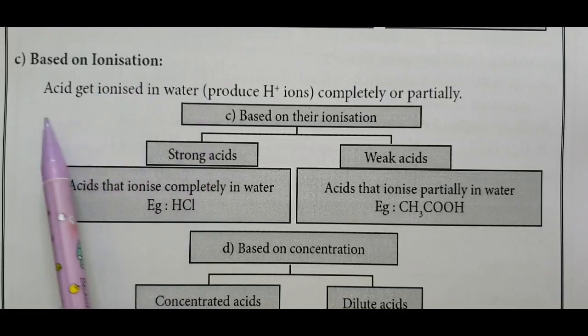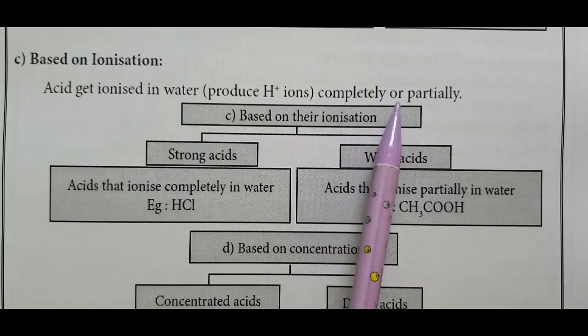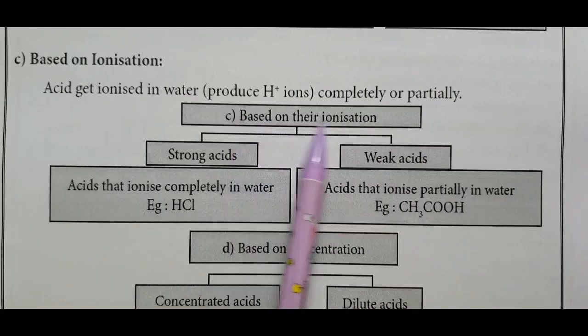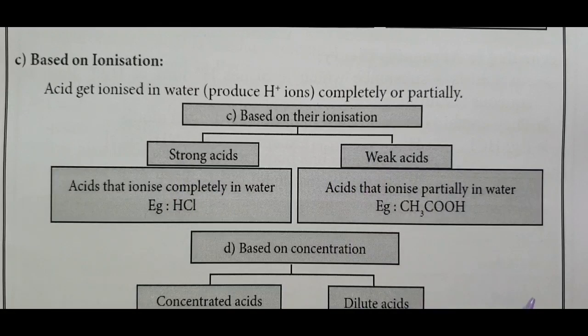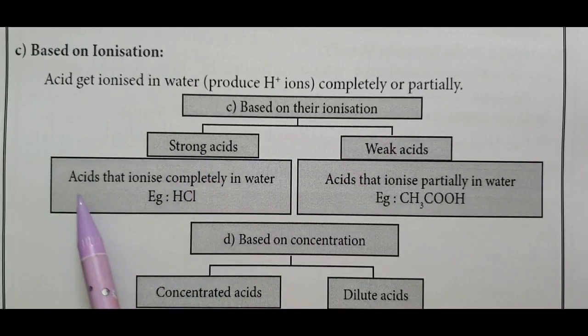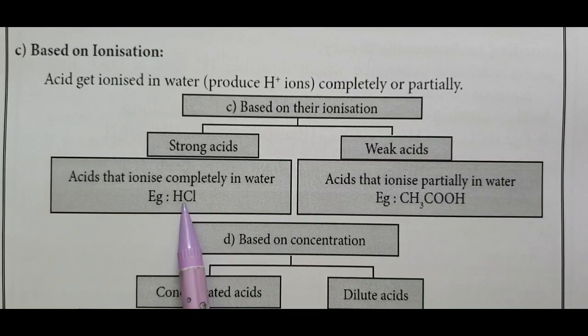Based on ionization, an acid gets ionized in water and produces H plus ions completely or partially. Based on their ionization, acids are classified into strong acids and weak acids. What is meant by a strong acid? An acid that ionizes completely in water is called a strong acid. HCl is an example of a strong acid.